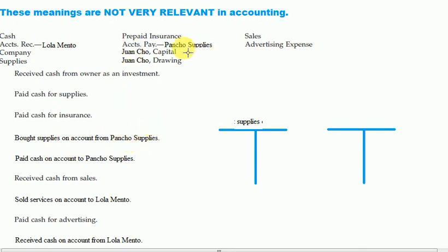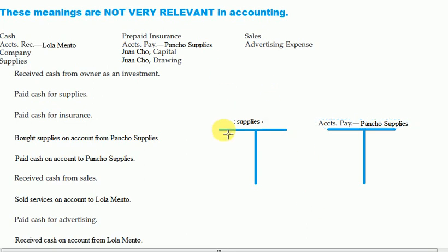It's Punctual Supplies, so it's right here, this account. The advantage of having a chart of accounts is that you can choose the account title from the chart of accounts. You don't have to make it up yourself. So just take advantage of it.